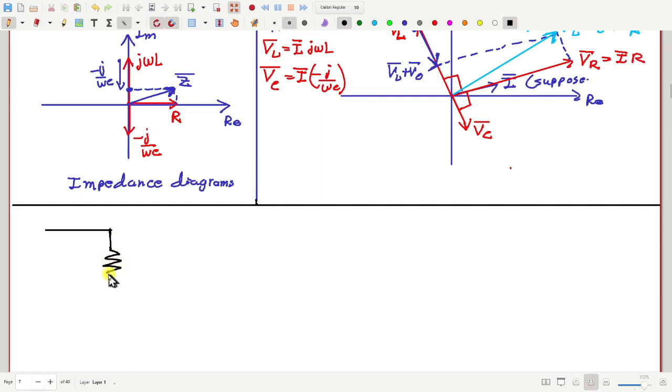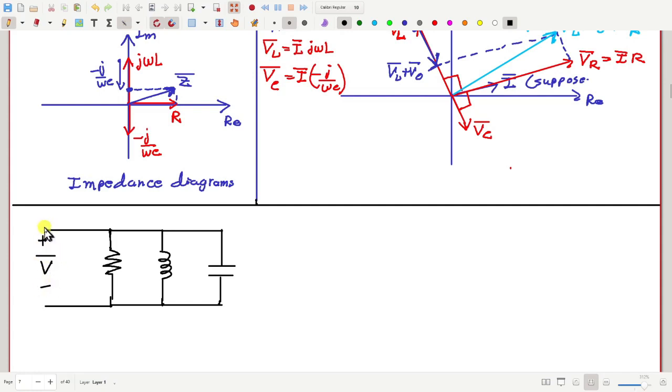If you have R, then L, then C, okay, then if this voltage is V bar from here to here, plus minus, and this impedance is R, this is J omega L, then this is 1 by J omega C. Okay, if I call this current I1 bar, phasor values all, I2 bar, and this is I3 bar.